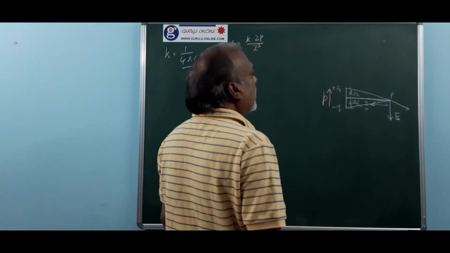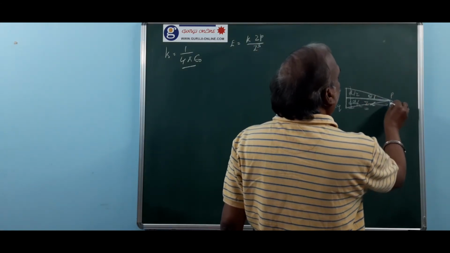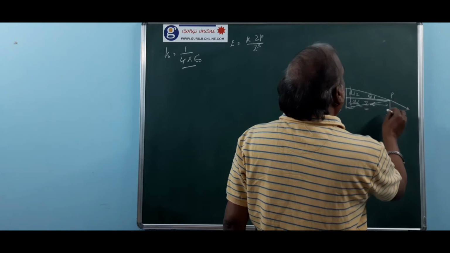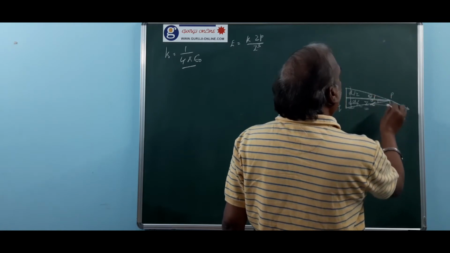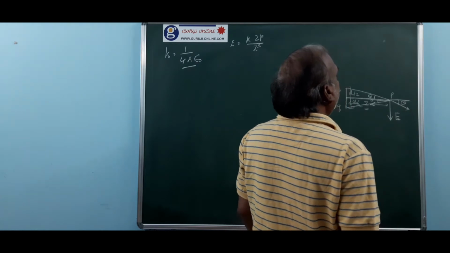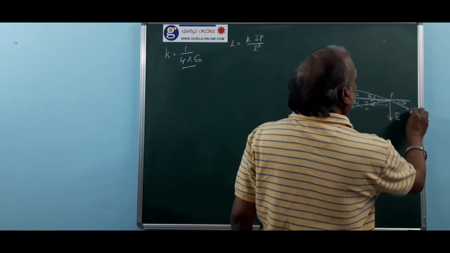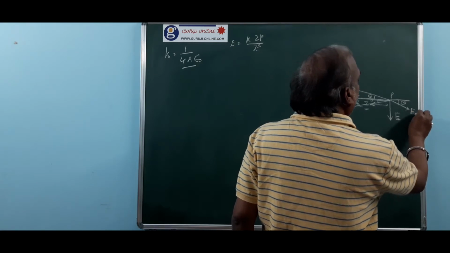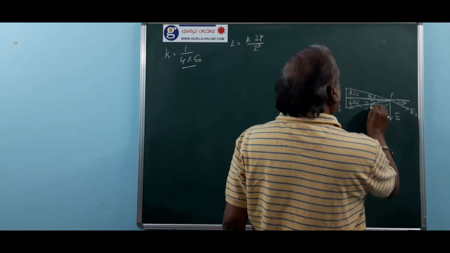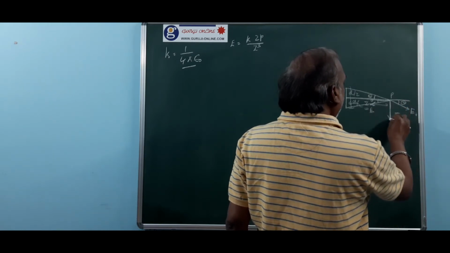Here, suppose this is theta, and this thing is also theta, and this is your theta. Suppose this is your E plus and this is your E minus, then what will be E?